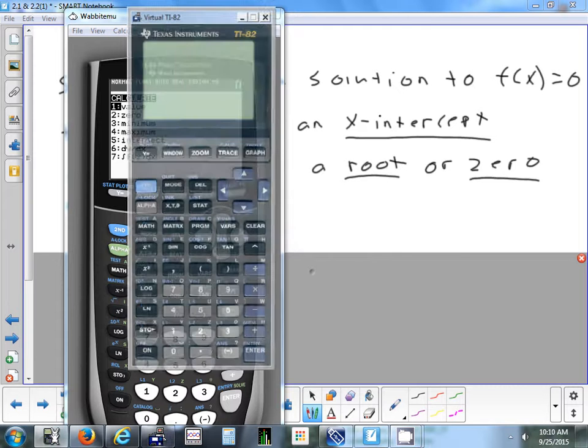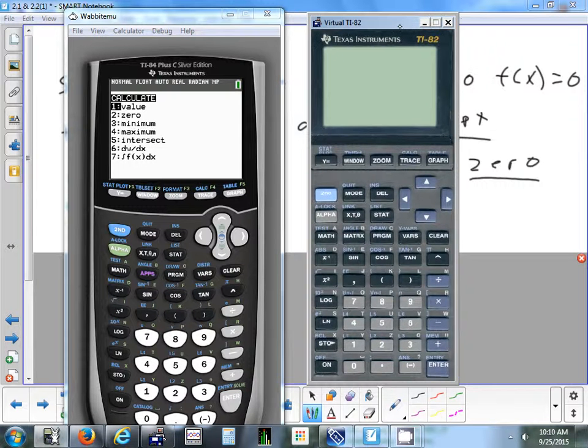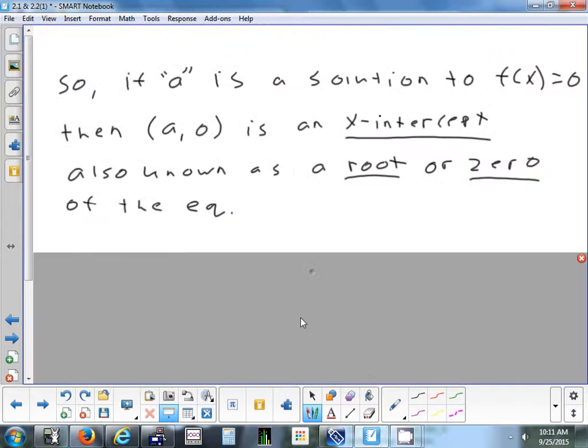If you're using an older calculator, like this TI-82, you go second calc, they use the term root. So you could see either term, but if they're asking you to find a root or find a 0, what they want to know is what value do you plug in for x that would make y 0.